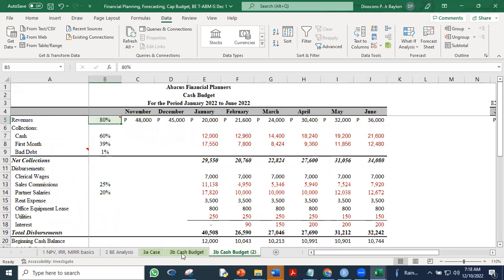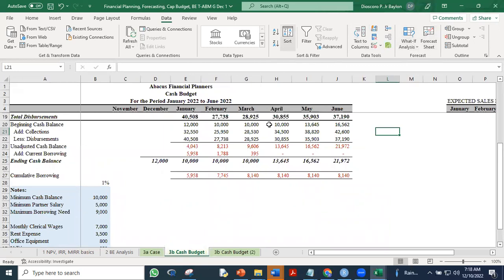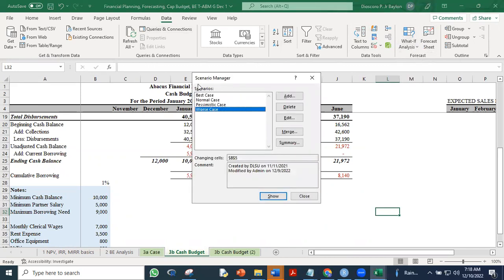Now this was all captured here. If I go to Data, What-If Analysis, Scenario Manager, this was all plotted here. Let me show this to you. For the best case scenario, I go here and then edit this.